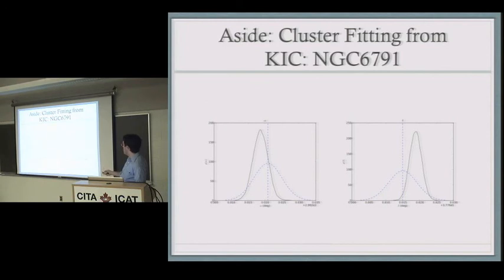So this is the right ascension. The solid line is our right ascension distribution for the cluster center, and the declination distribution. And the blue dashed lines are the previous best fits from dedicated cluster surveys that try to extract certain cluster membership and fit its location and its scale properties and so on.